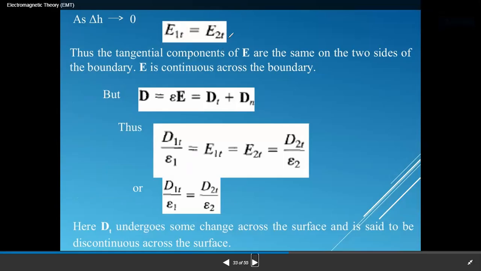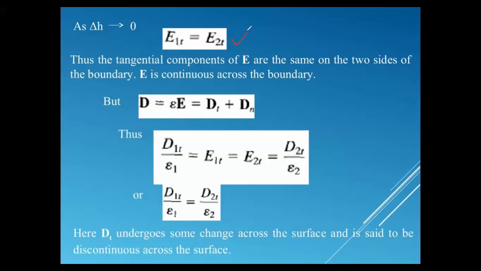This you should know. Questions are asked on this: the tangential component of electric field. Listen to my words very carefully. Tangential component, not the entire electric field. Tangential component of electric field is continuous.